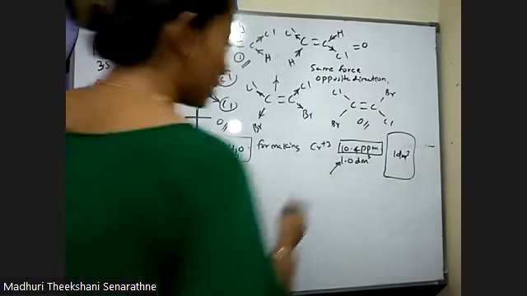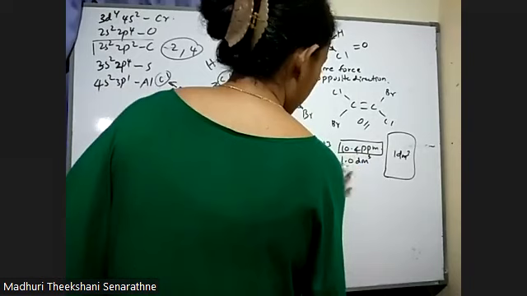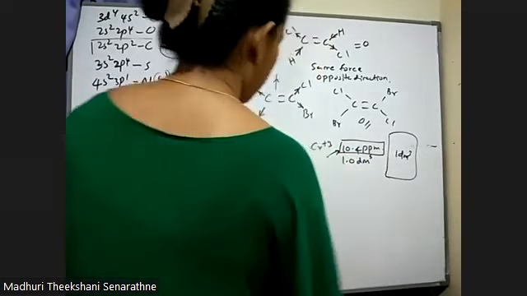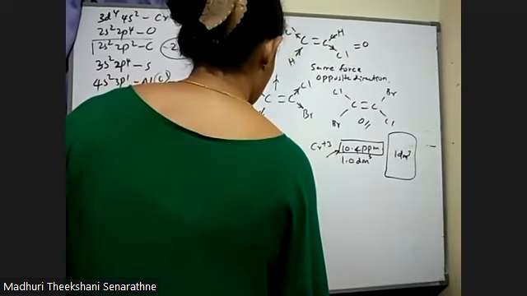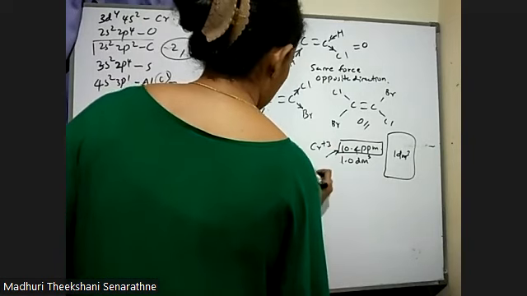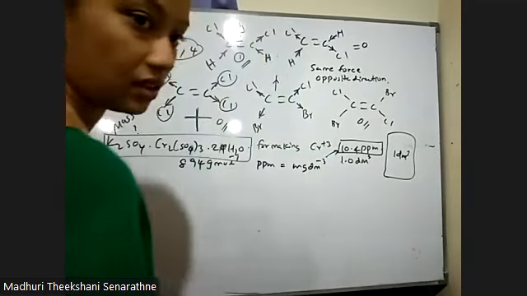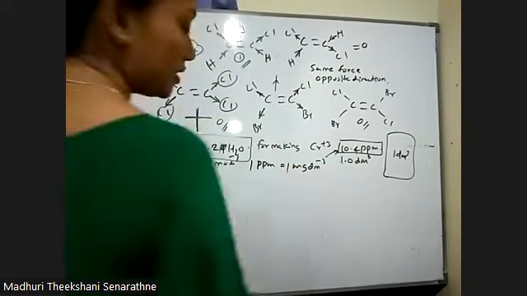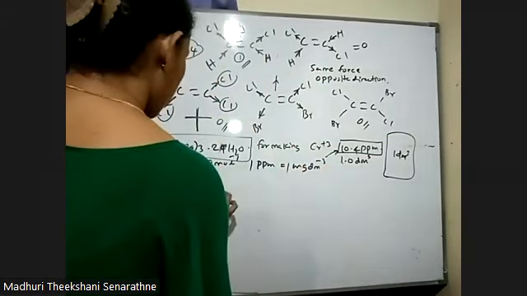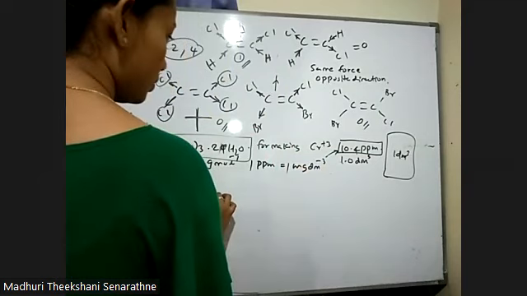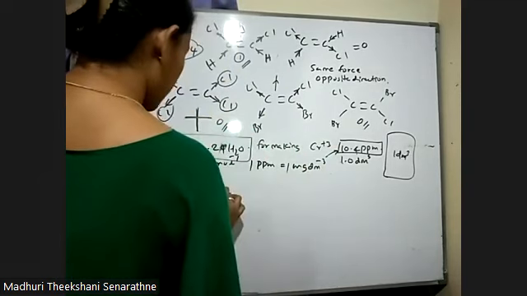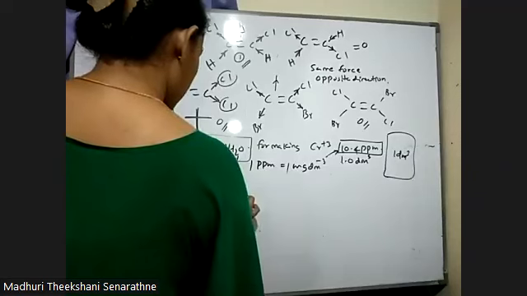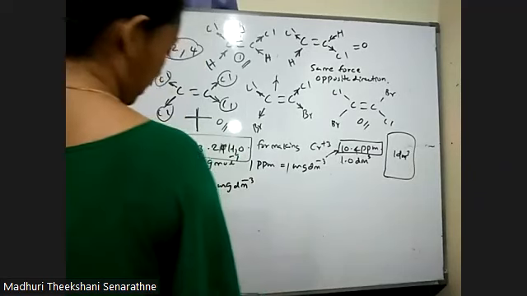How to convert ppm into mg dm^-3: 1 ppm is equal to 1 mg dm^-3. Therefore, 10.4 ppm is equal to 10.4 mg dm^-3.